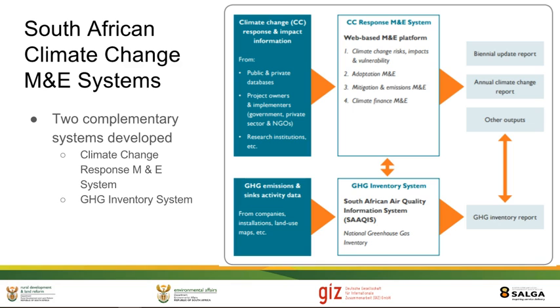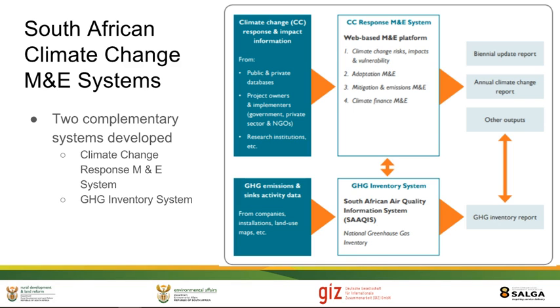The GHG Inventory System collates greenhouse gas emission information from different organizations, sectors, and land uses. It makes use of an online system, the South African Air Quality Information System, to collect this data, and out of this data, a GHG inventory report is produced. This can be used for reporting internationally on carbon emissions.